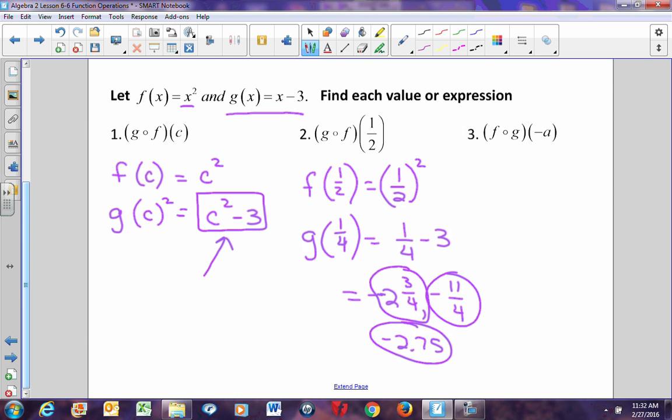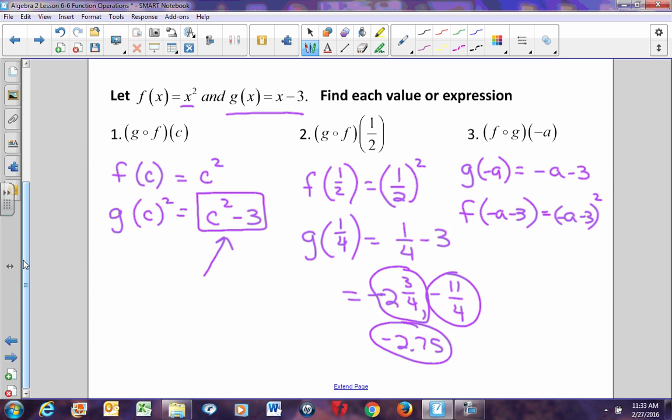All right, f of g of negative a. Now I'm taking g of negative a, and g says to take x minus 3, so it becomes negative a minus 3. Now I'm going to take f of negative a minus 3. And f says to square that, so I get negative a minus 3, squared.